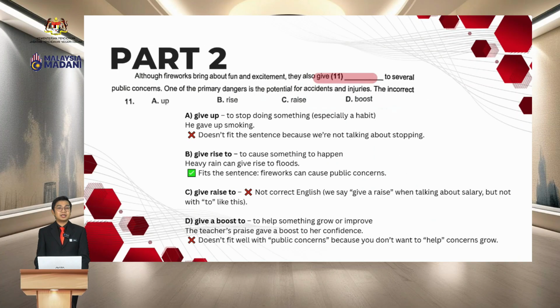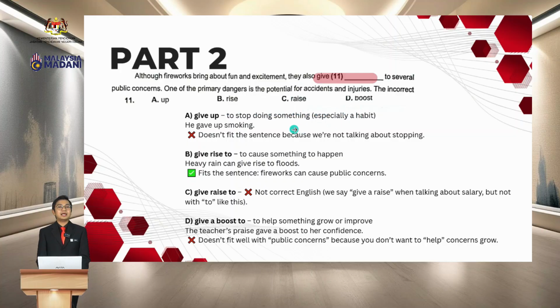Although fireworks bring about fun and excitement, they also give blank to several public concerns. One of the primary dangers is the potential for accidents and injuries. The answer choices given are up, rise, raise, and boost.